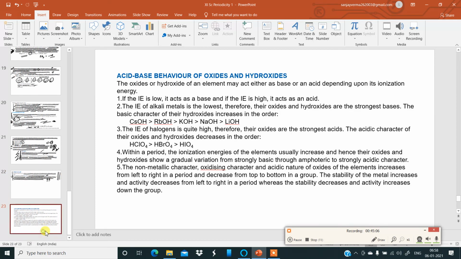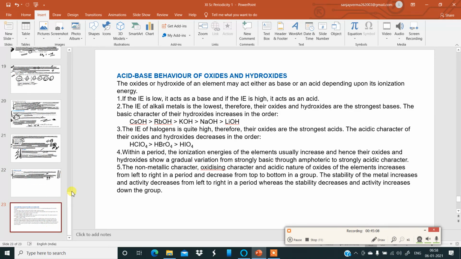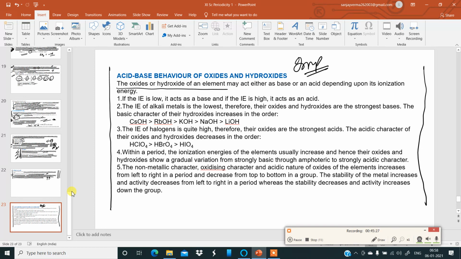Then coming to the acid base behavior of oxides and hydroxides in this chapter. This is a very important slide for you all to go through, try to memorize, try to understand. The oxides or hydroxides of an element may act either as a base or an acid depending upon its ionization energy.